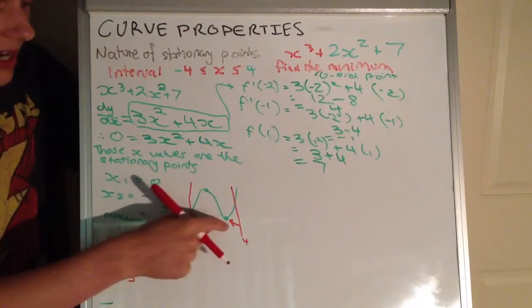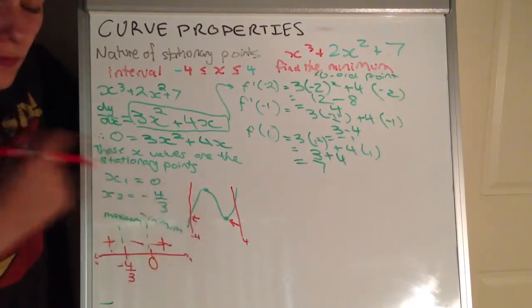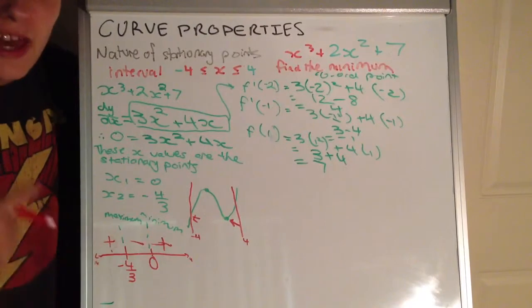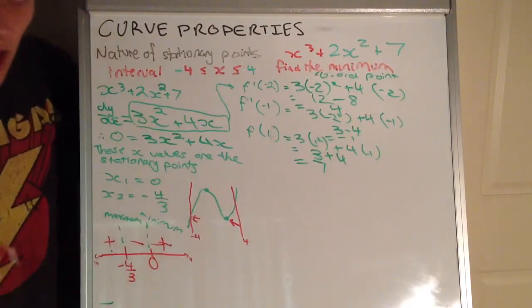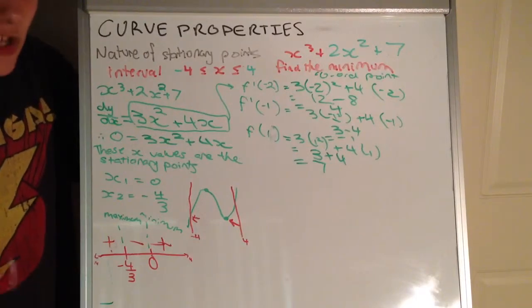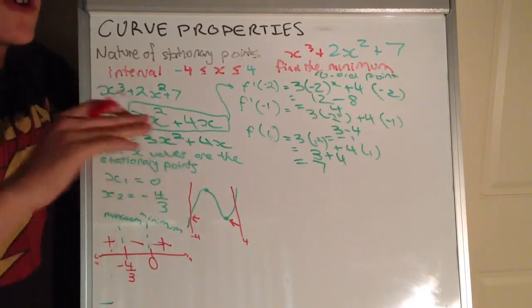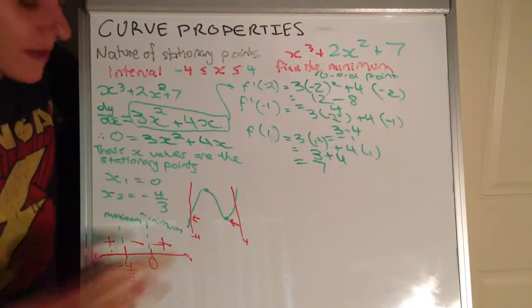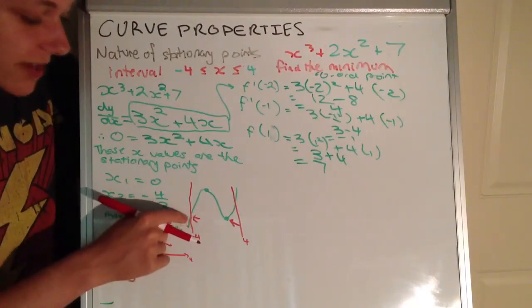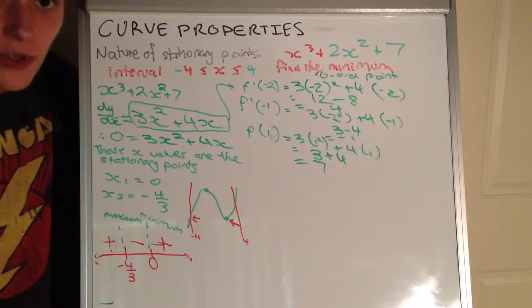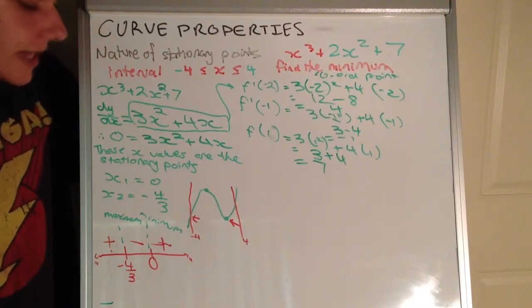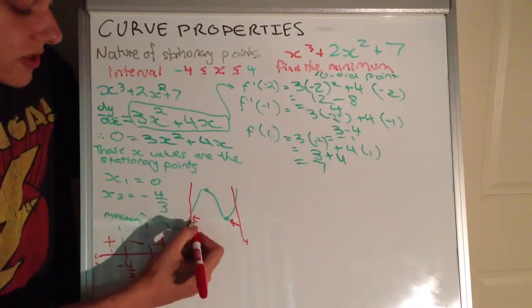So, we need to work out if the f of negative 4 is less than or greater than our f of 0. Sorry, our f of 4, negative 4, and our f of 0. We're not looking at the derivative anymore, but we're actually looking at the function in general. Sorry to confuse you a bit there. But again, that's what we're doing.